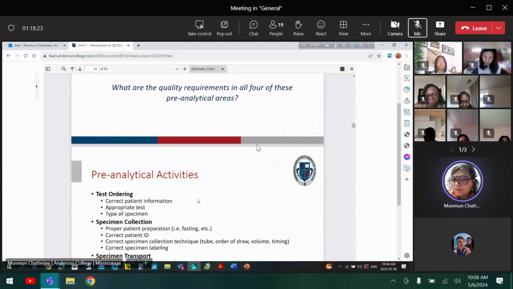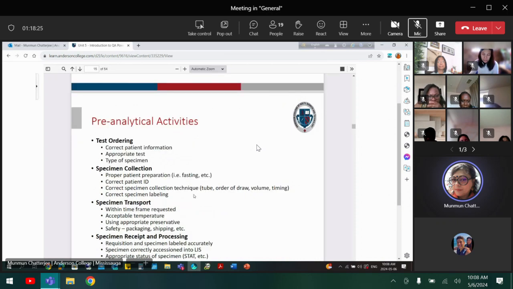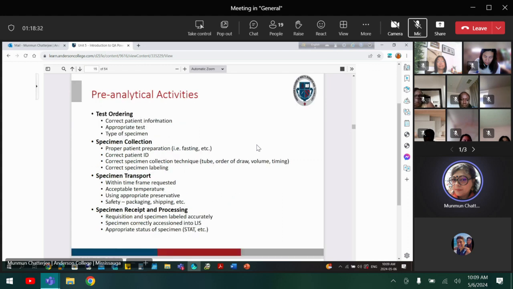Pre-analytical: now we are just telling what you have to see under test ordering: correct patient information, appropriate test and type of specimen, whether it's blood or CSF or urine, what type of urine or what type of blood or what type of body fluid, everything.